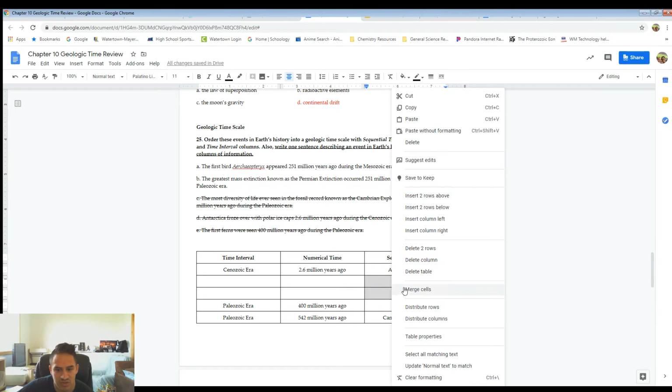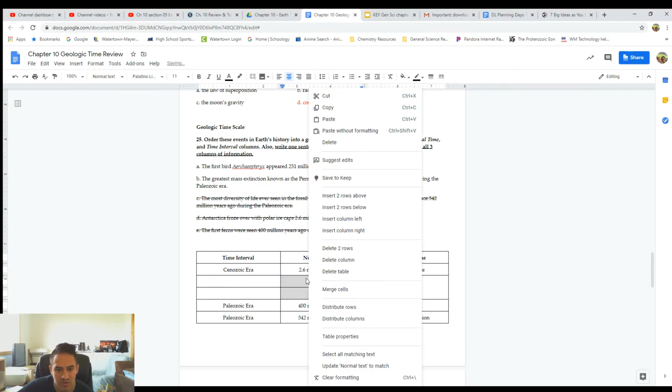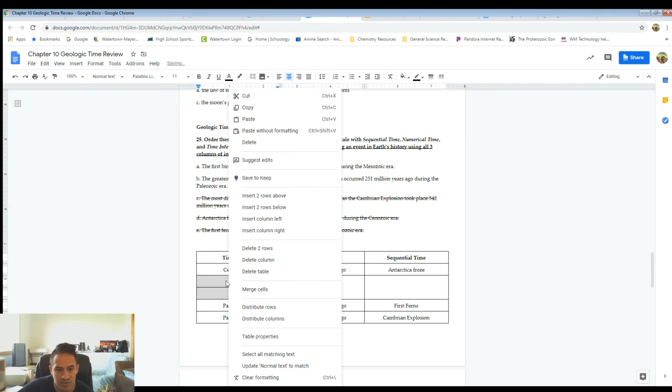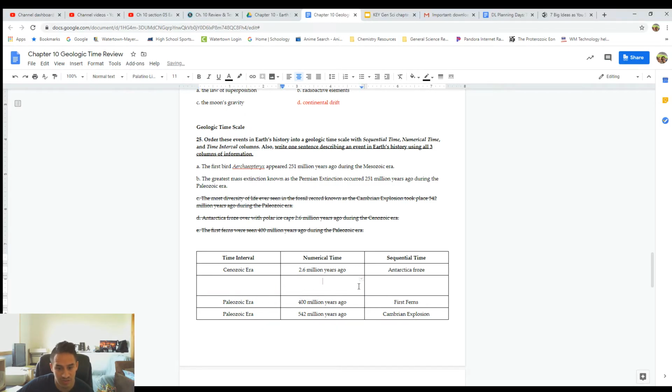Okay, so we'll highlight these two. Merge those. There we go. Highlight those two. Merge those. Highlight those two. Merge those. That way we still have columns. So we're going to have 251 million years ago for both. And let's hit enter so that we're just going to write this like this. 251 million years ago.